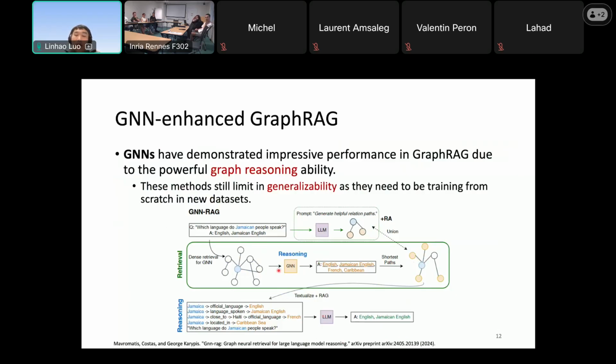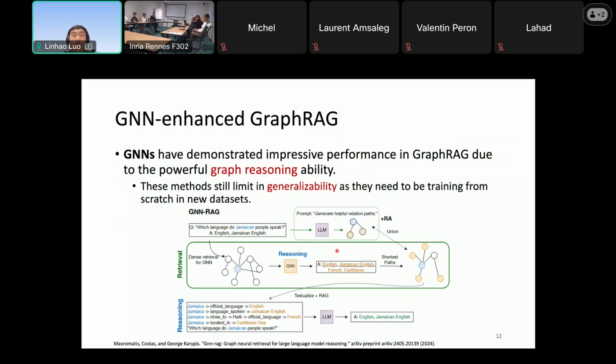Because graph neural networks have shown very powerful graph reasoning ability, they can already generate some very high quality answers that are helpful for the final answer generation. However, despite the power of the graph neural network, existing works fail to design a general graph neural network or foundation graph neural network that can be directly applied to a new dataset or new knowledge graph without further training.